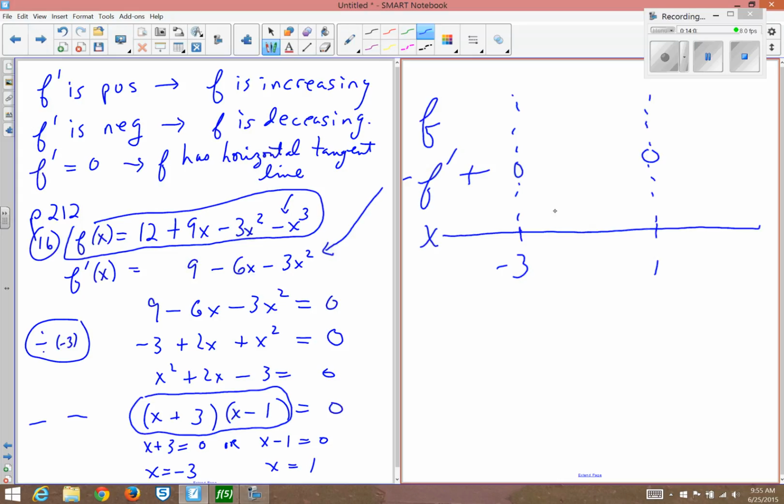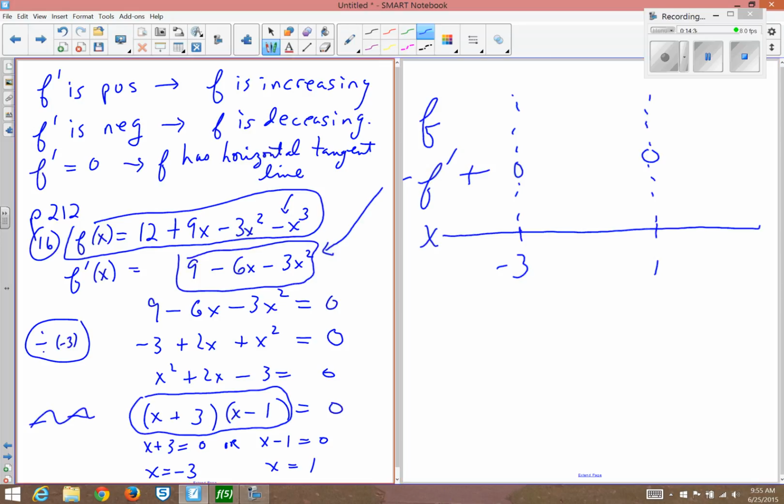0, for example. When x is 0, f prime is 9. Okay, so I think I made a mistake because I have to plug -4 in. You do have to plug it into this.